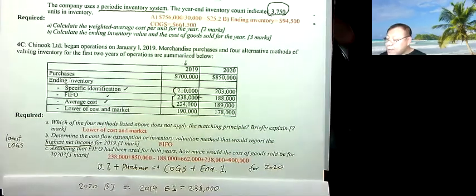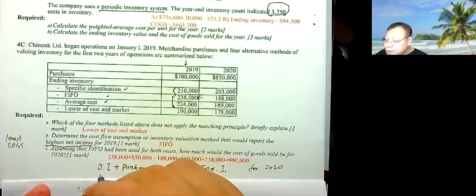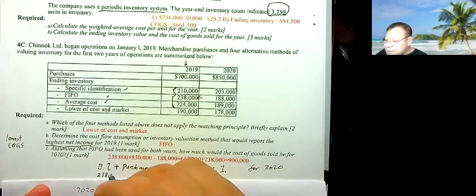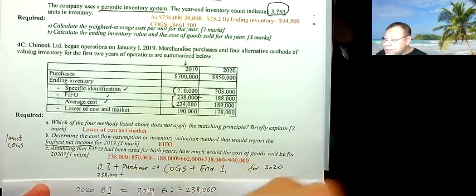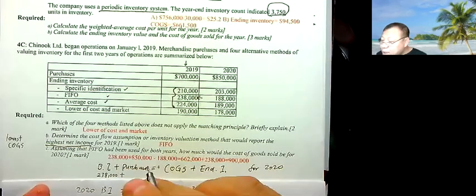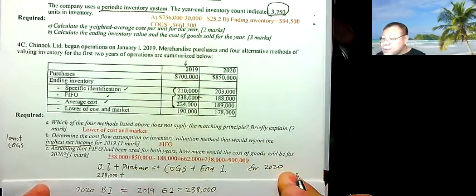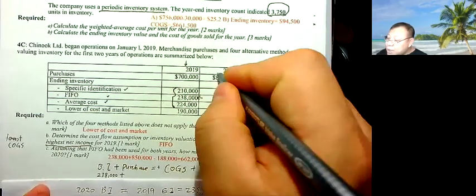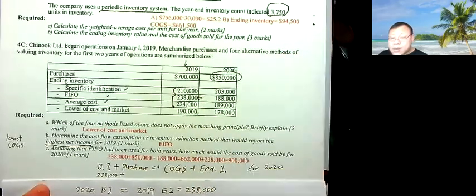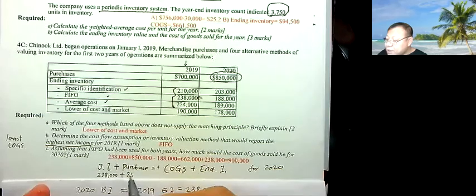So here is 238,000 plus purchases, right? What's the amount of the purchases for 2020? That information is given, 850,000.